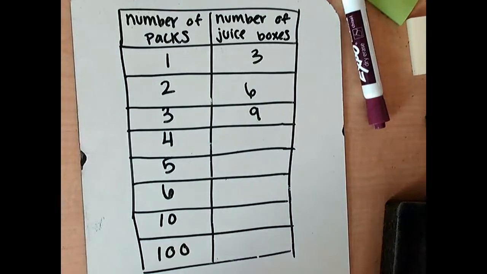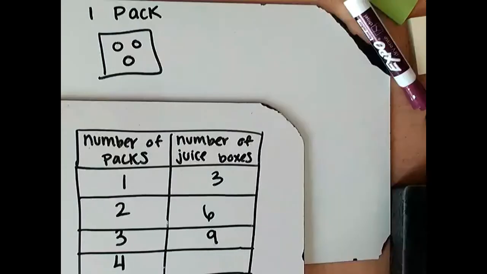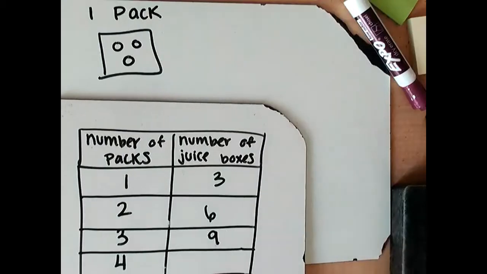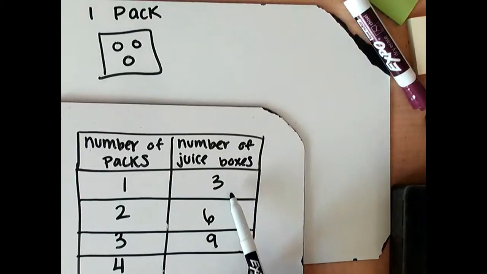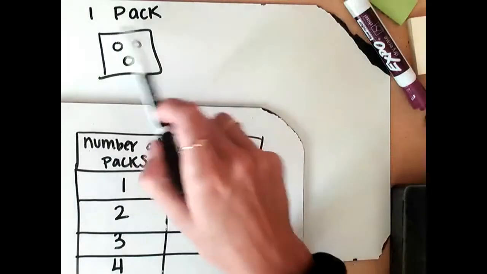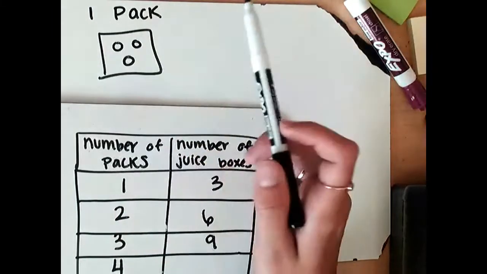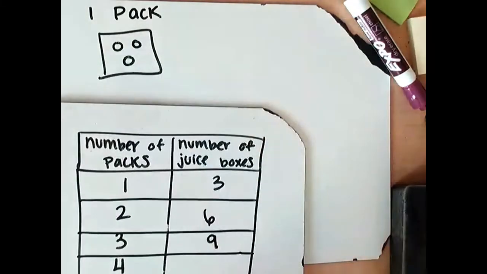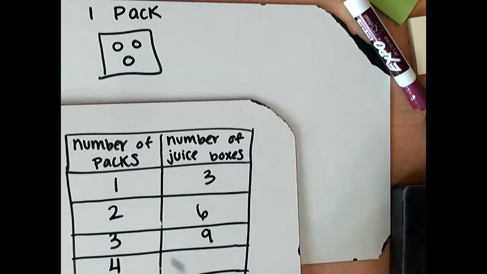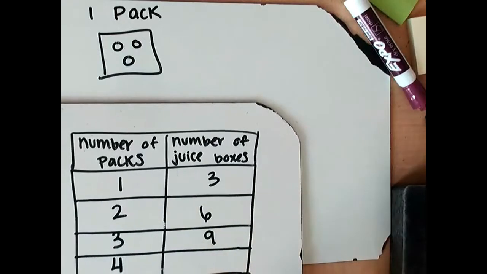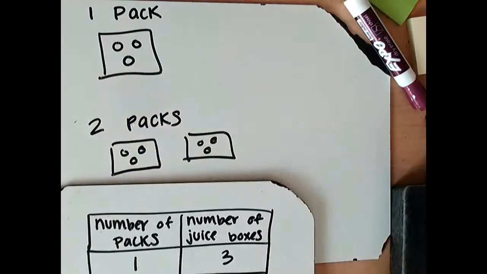Let's take a second and draw this as a picture. If I have one pack, I have 3 juice boxes. So here's my one pack, my first box. I have 1, 2, 3 juice boxes in that box total. If I have 2 packs or 2 boxes, there it is.